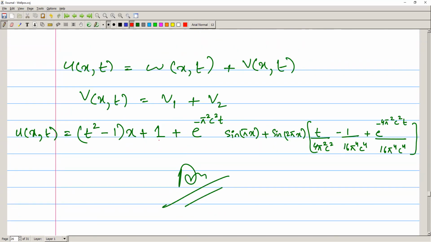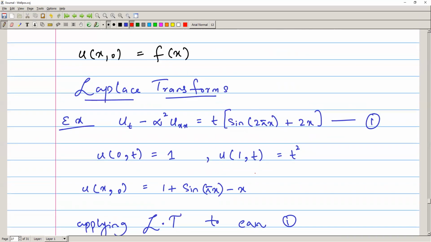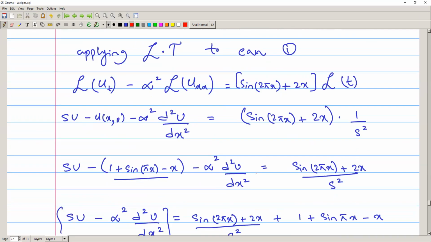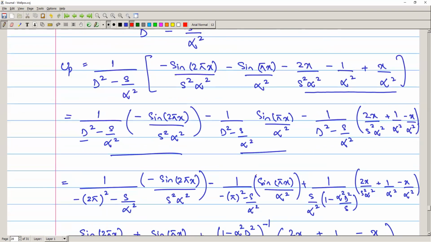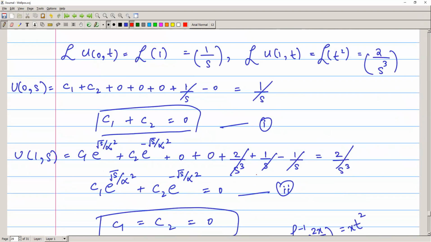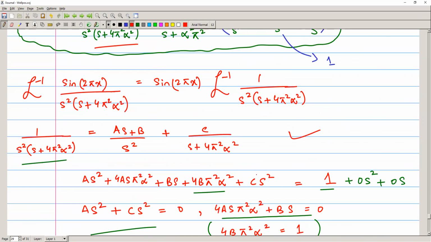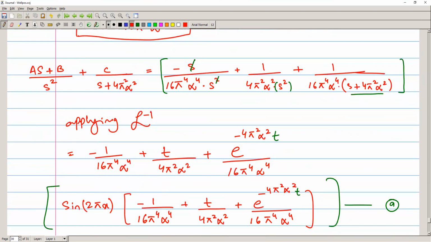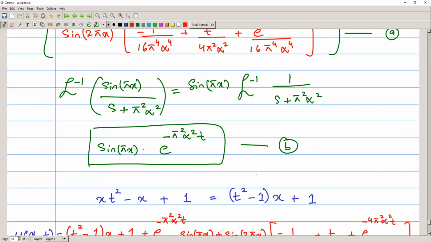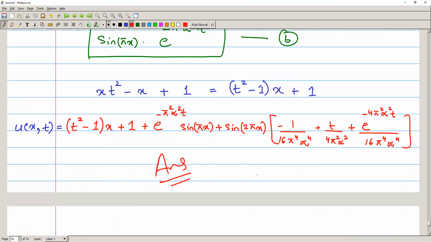So we can see that the solution that we found is the same as this solution, right? So we can use various methods to solve the same problem, and we can even use the method of eigenfunction expansion for this problem. So we can use that method too.